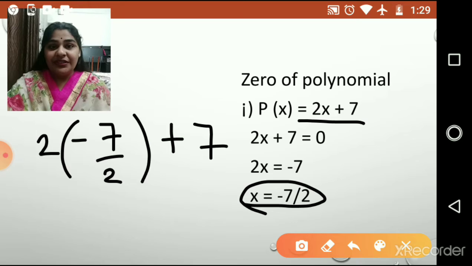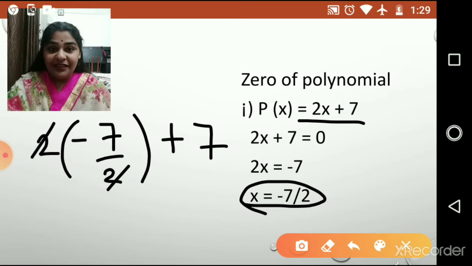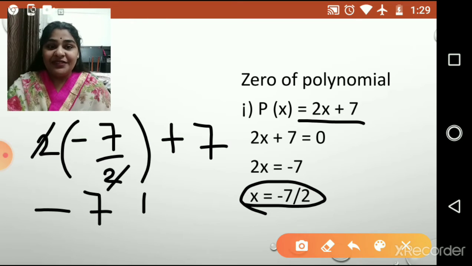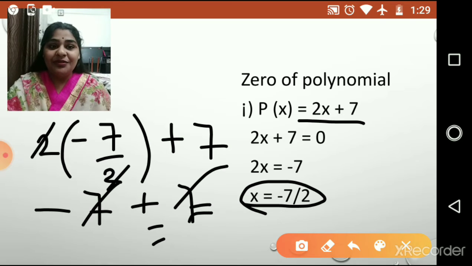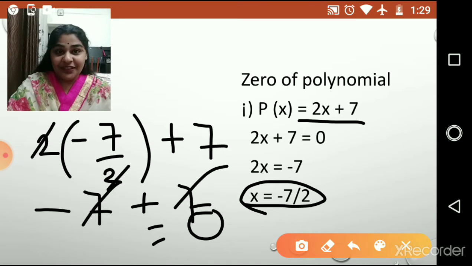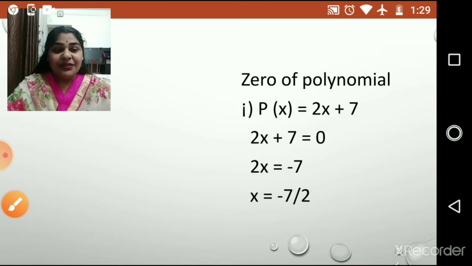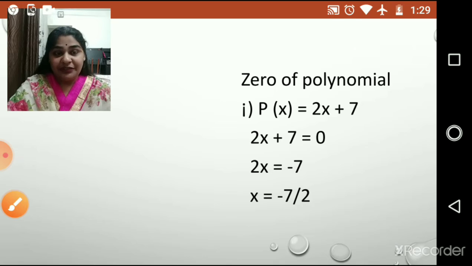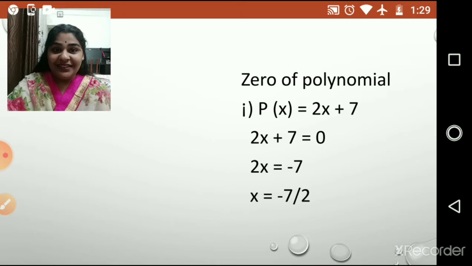So here 2 and 2 get cancelled. What is remaining? Negative 7 and plus 7, which get cancelled, and it is equal to 0. So this is proved that it is the zero of the polynomial. So this is how you have to solve and find out the answers, children. Right? Let us proceed.